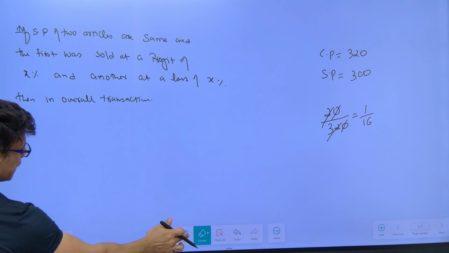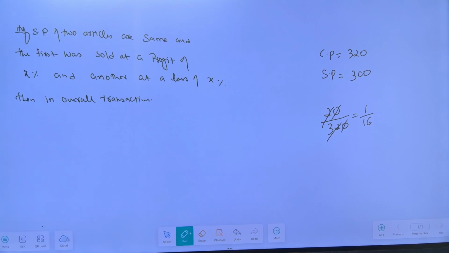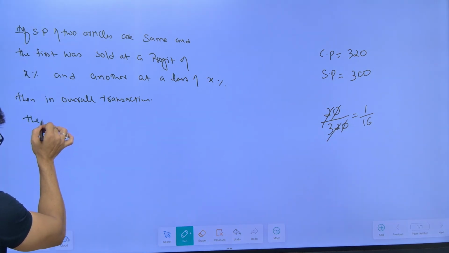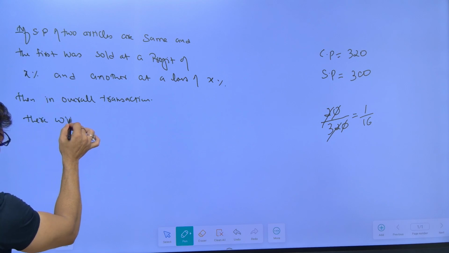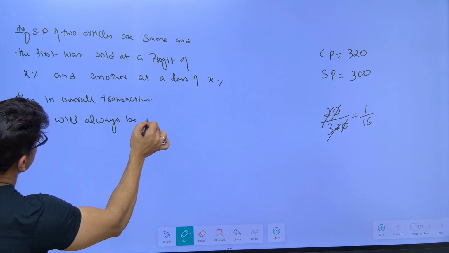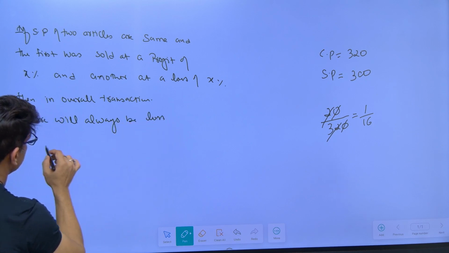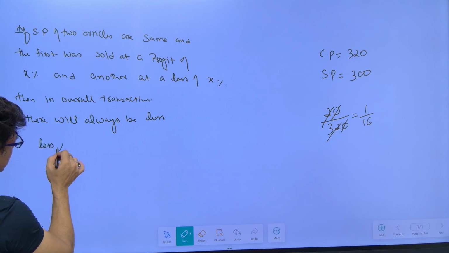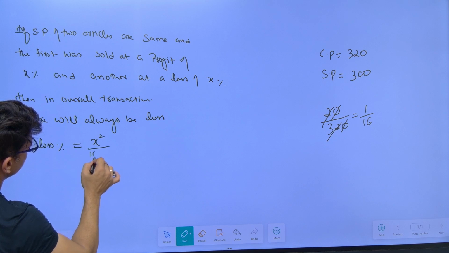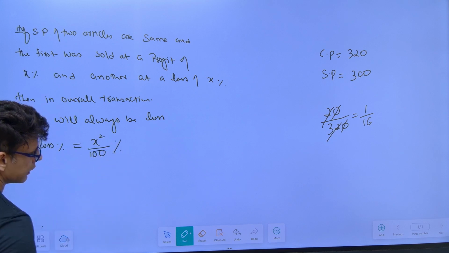So in such cases, when the selling price is same, and on one you make a profit of X percent, second you make a loss of X percent, then in overall transaction, there will always be loss. And that loss percentage is equal to X square by 100 directly percentage.